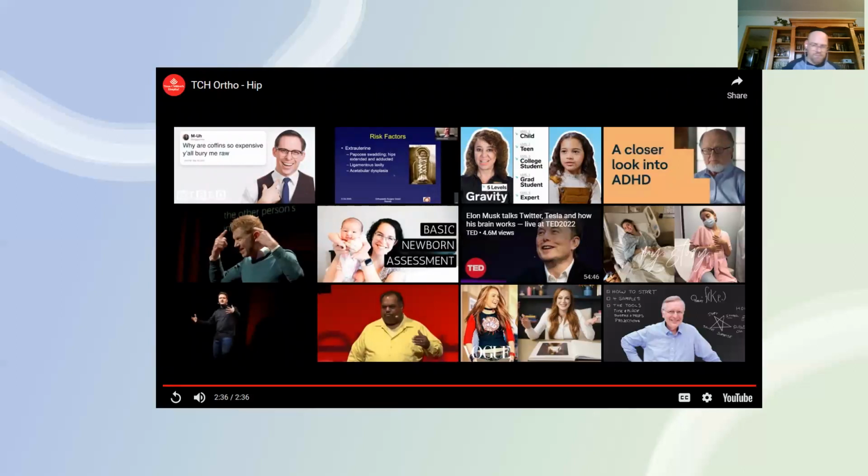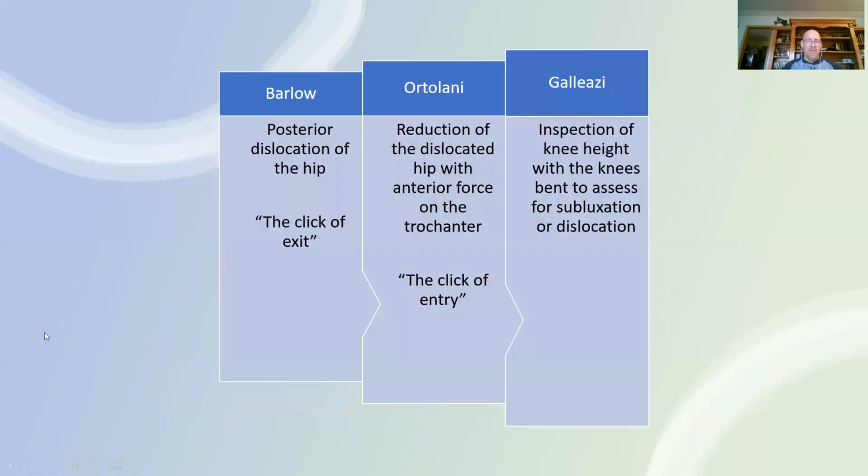All right. So, guys, as we saw, that is actually an exam on an infant with hip dysplasia. With the exam there, we got the Barlow test, which is a posterior dislocation of the hip. So that click of exit, we saw the hip dislocate when he adducted and translated that greater trochanter posteriorly.